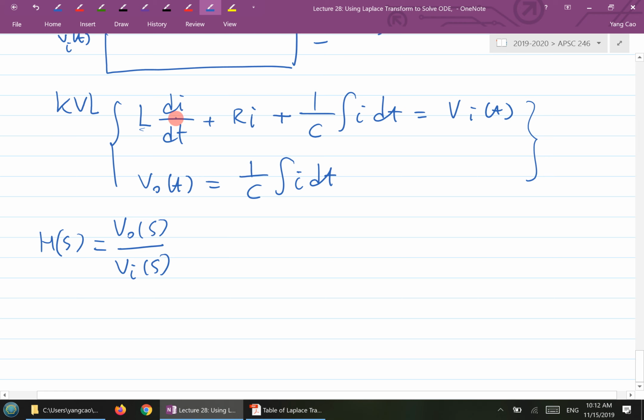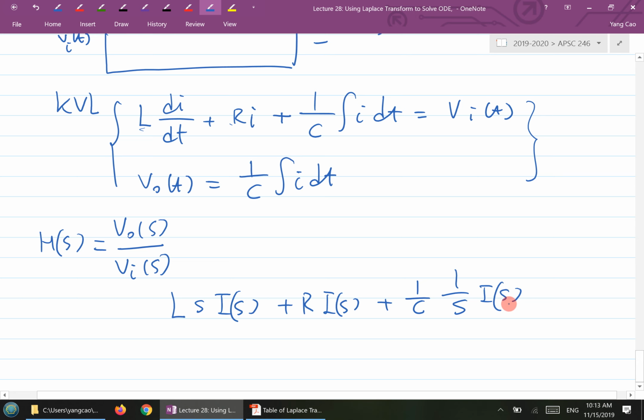So if I take the Laplace transform of both sides for the first one, because I know I'm trying to get the transfer function, I'm going to take it for granted that all the initial conditions will be 0. Then the Laplace transform for this term is L times s I(s), R times capital I(s). 1 over C, the Laplace transform of an integral is what? 1 over s, I(s).